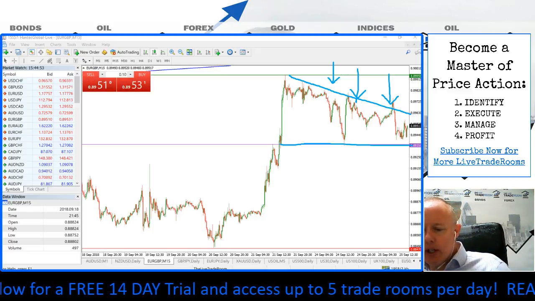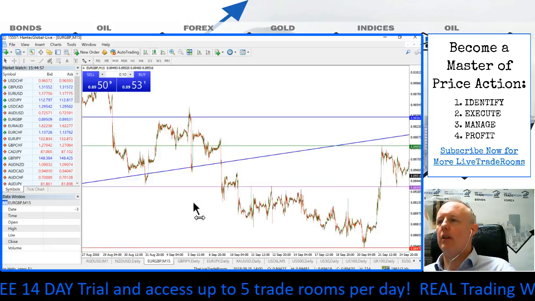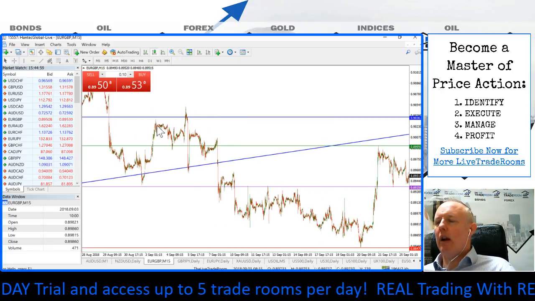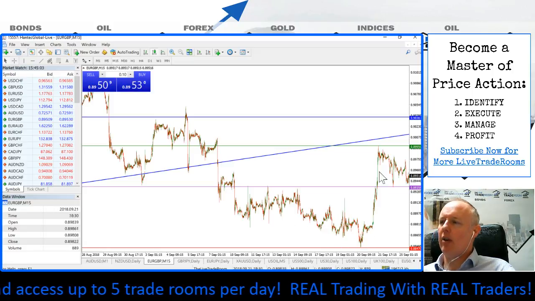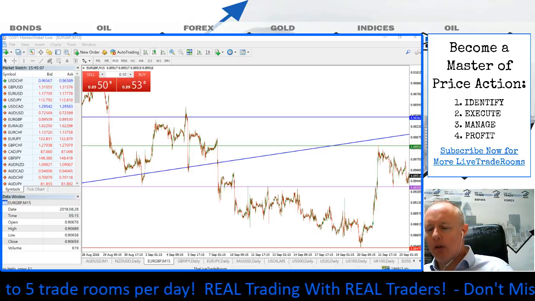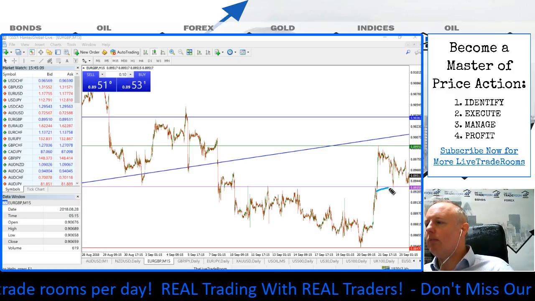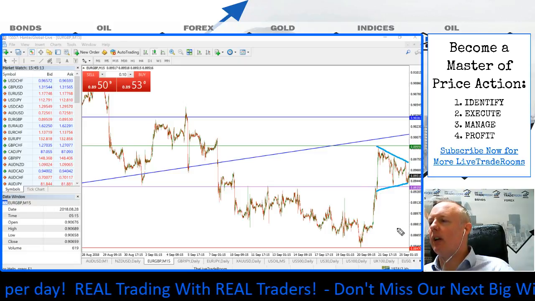So if I just zoom out a little bit with this market and take that off there, we had been extending steadily lower for quite some time, and then we get a really strong explosive bit of price action. And what we're seeing is this bit of a funnel.